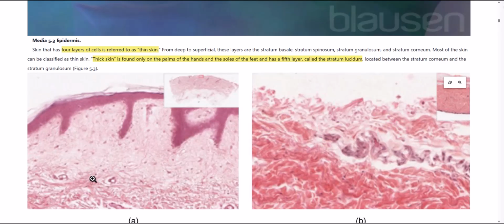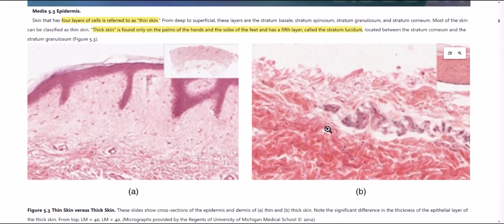Down here underneath, we have connective tissue of the dermis. Over here on the right-hand side, we see a very distinctive look of those swirly whirlies of the dense irregular dermis. And while it's not as obvious as I'd like it to be, there is a thicker layer of the stratum corneum in this image. Again, we'll have different pictures coming up here in a moment.